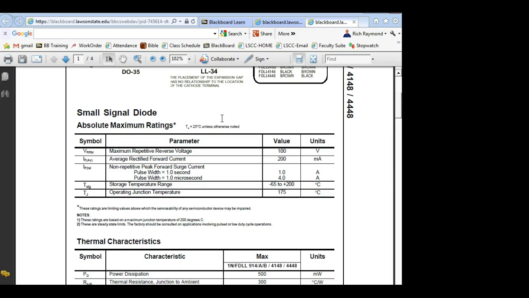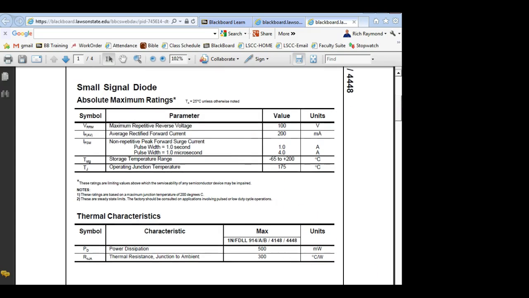This guy could handle 4 amps for 1 microsecond. That's why we can't use it on a 60 cycle, because we're dealing with 18 milliseconds, right? Well, we could use it. We just can't get this out of there.